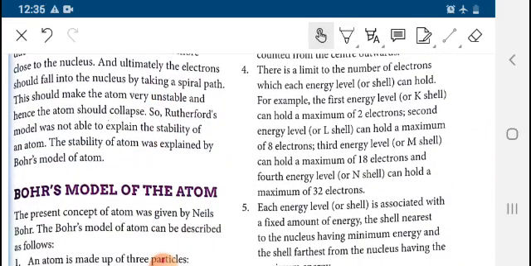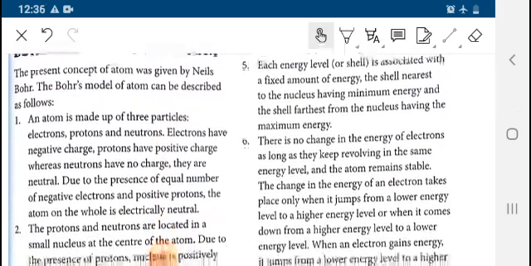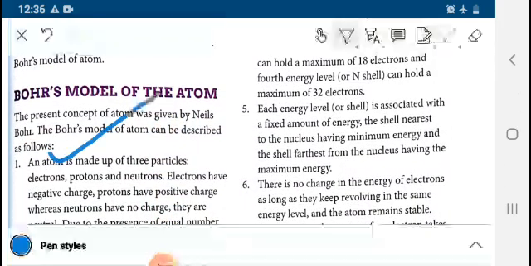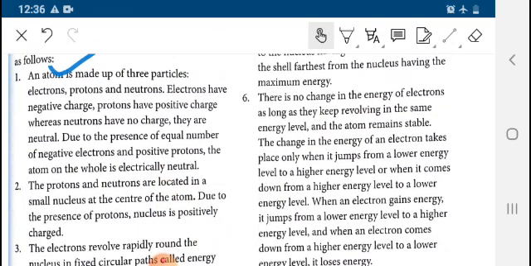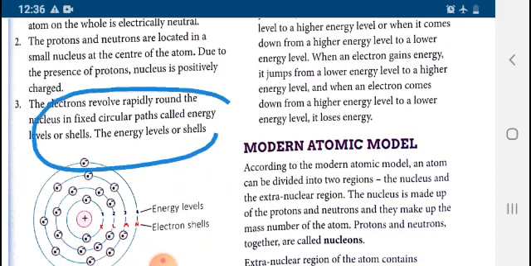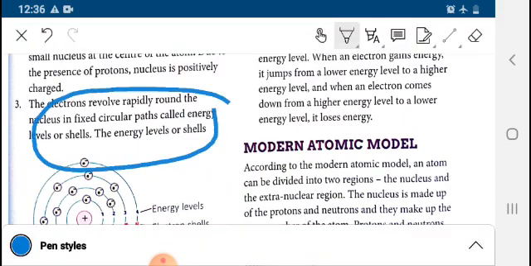So next is the Bohr model of the atom, which tells us that an atom is made up of three particles: electron, proton, neutron. And overall the atom is neutral. The proton and neutron are located in a small nucleus, that is the center of the atom. The electrons revolve rapidly around the nucleus in fixed circular paths. You can see here fixed circular paths, that is, energy levels or shells.